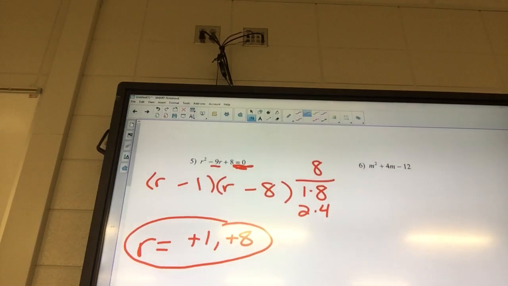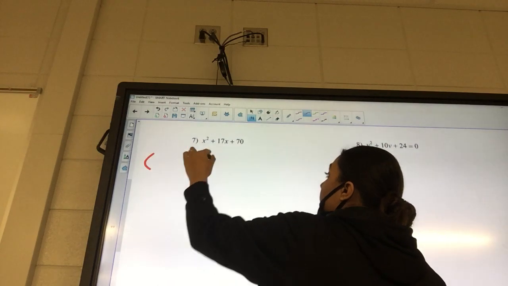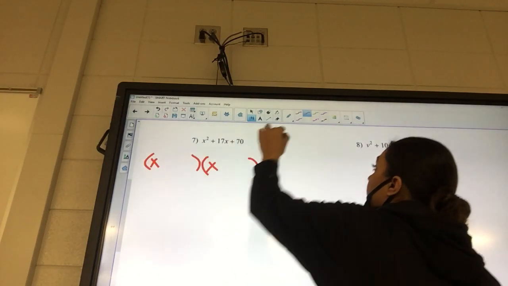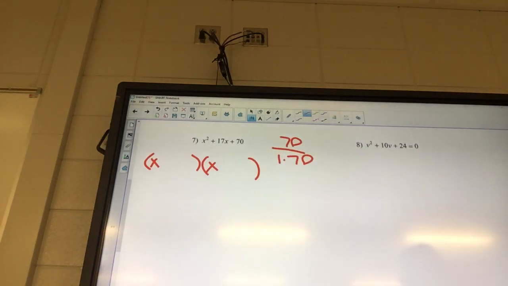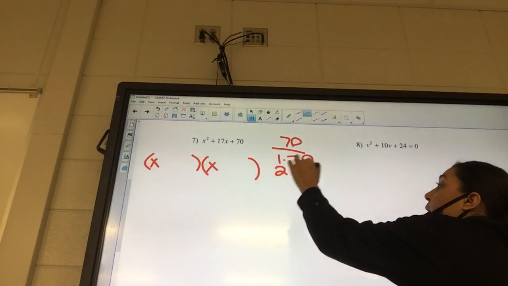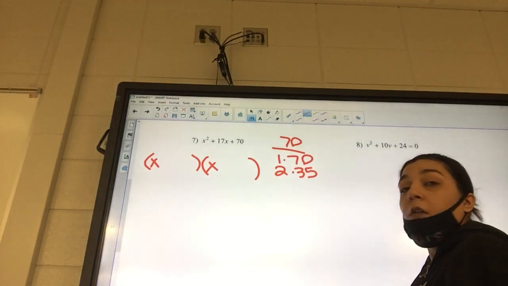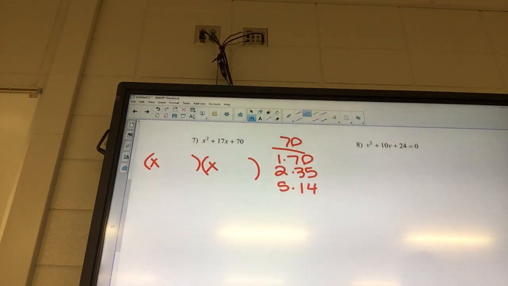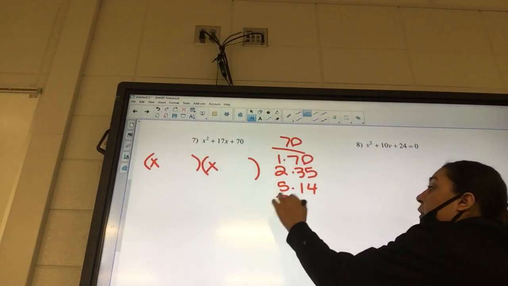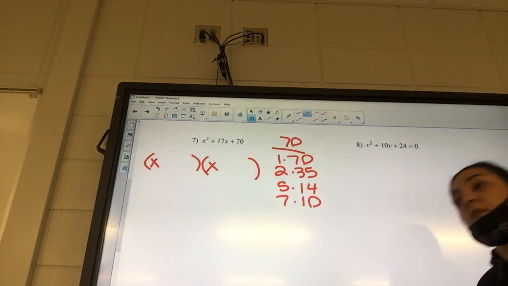Okay, look at number 7. Draw your two parentheses, fill in the x's, find factors of 70. 1 and 70. 2 and 35. 5 and 14. 7 and 10. 10's on the list, so we covered everything.